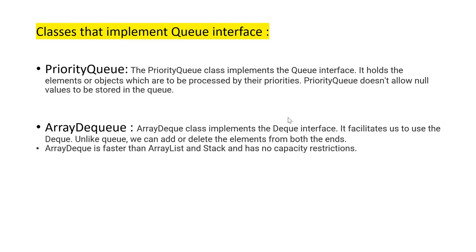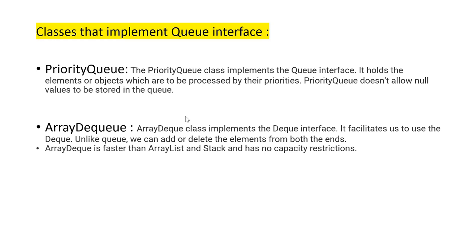Now, what all classes implement the Queue interface? PriorityQueue and ArrayDeque. The PriorityQueue class implements the Queue interface as it holds the elements or objects that are to be processed by their priority. As the Queue interface follows first in first out, PriorityQueue also follows the first in first out procedure.